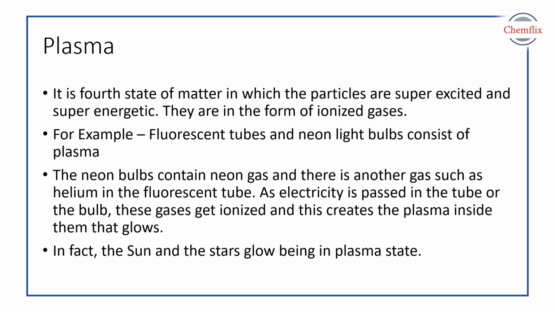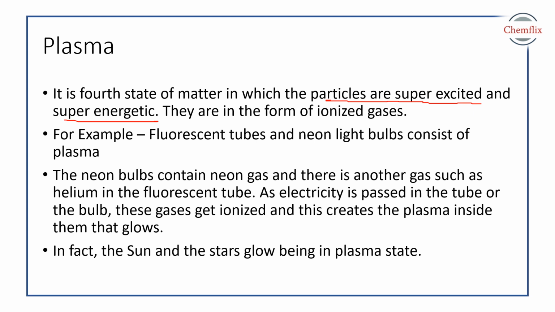Now moving to another state of matter, that is plasma. Solids, liquids and gases you all know, right? Plasma is the fourth state of matter, in which particles are super excited and super energetic.